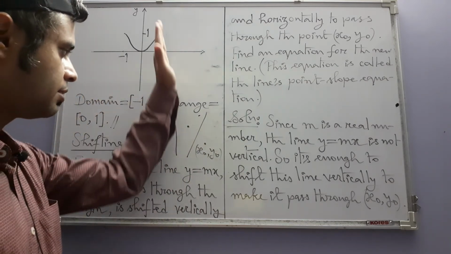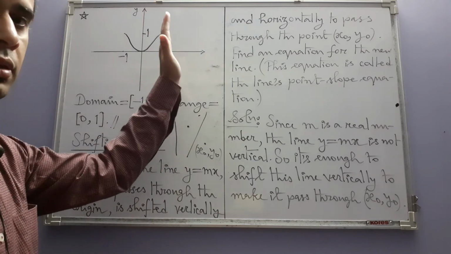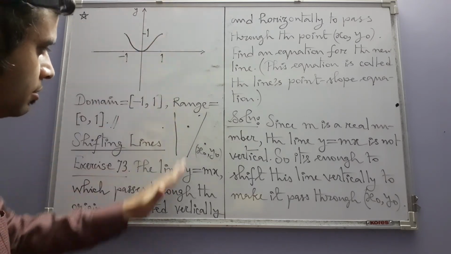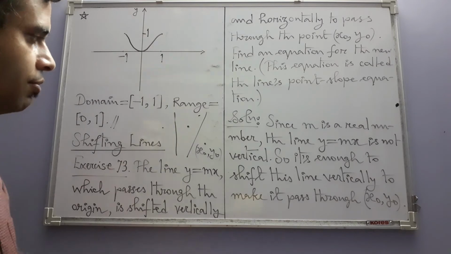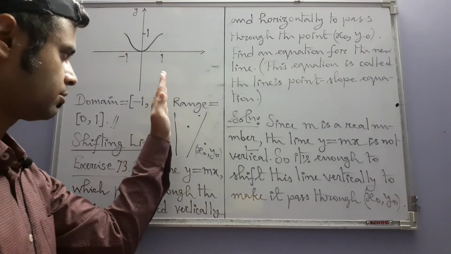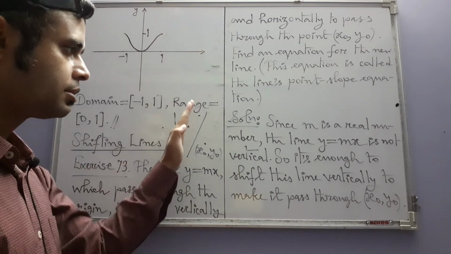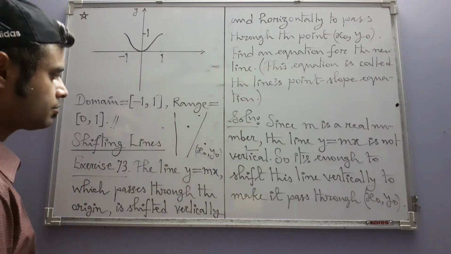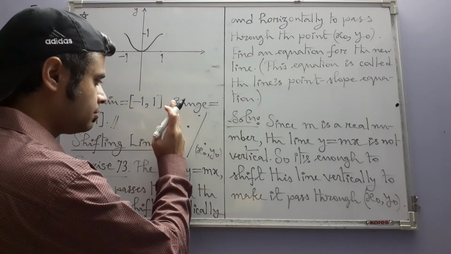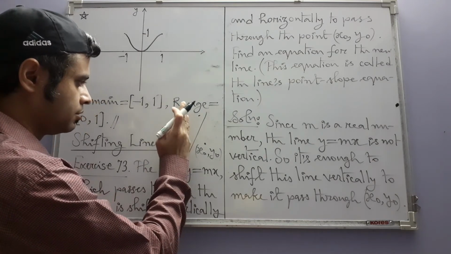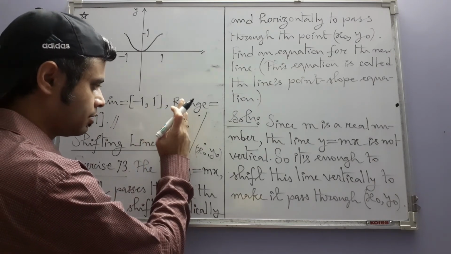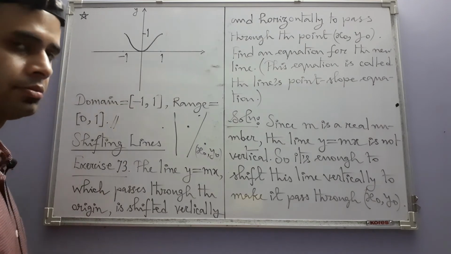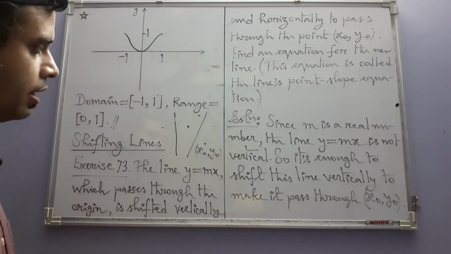Now vertical shifting does not mean anything because the line is extended indefinitely on either direction. So vertical shifting does not do anything, but you have to do horizontal shifting in order to make this line pass through this point, wherever the point is lying.